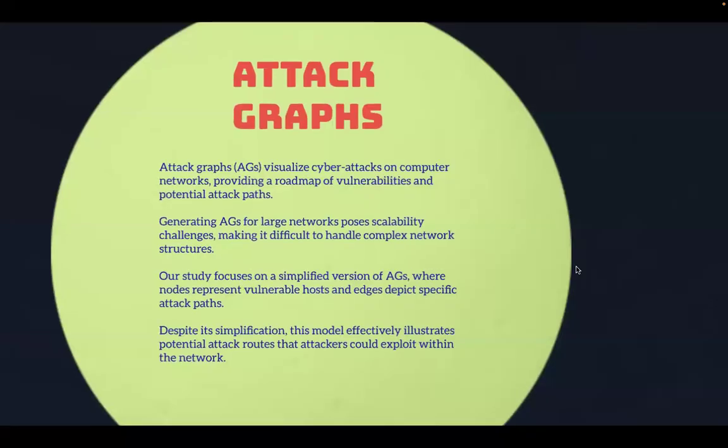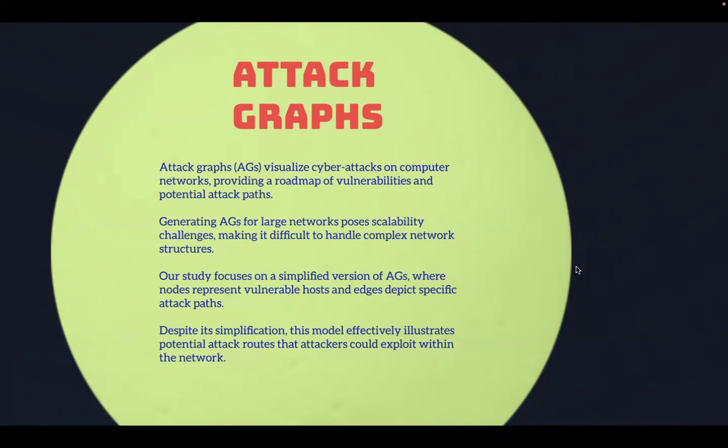First, we'll discuss the attack graphs. Attack modeling techniques like attack graphs offer a way to visualize cyber attacks on computer networks. However, generating these graphs for large networks is challenging due to scalability issues.